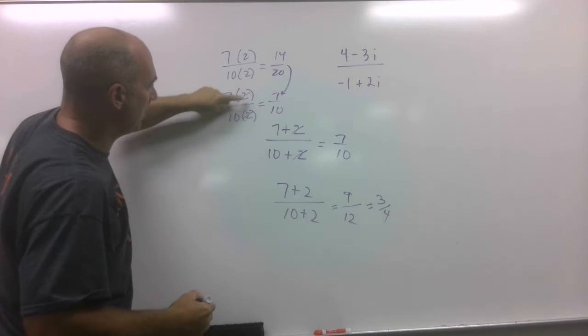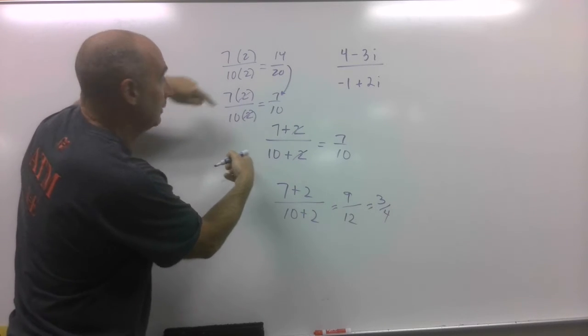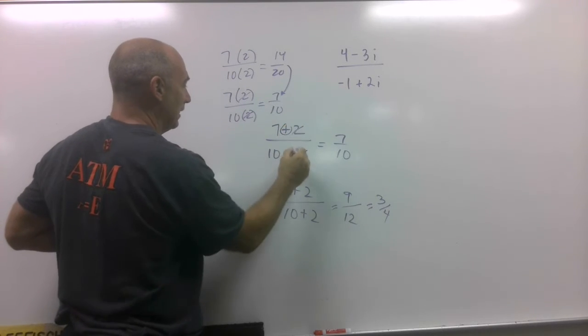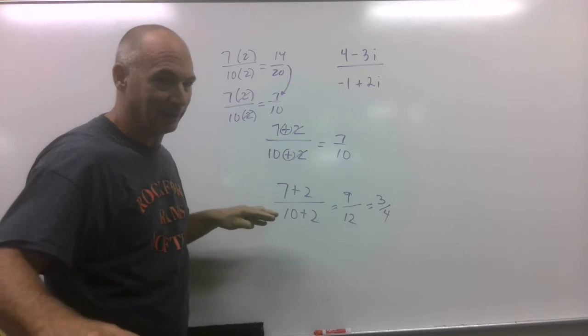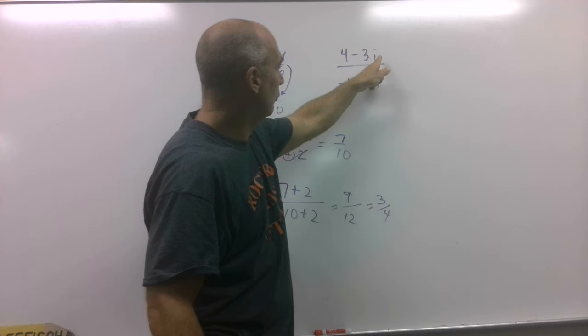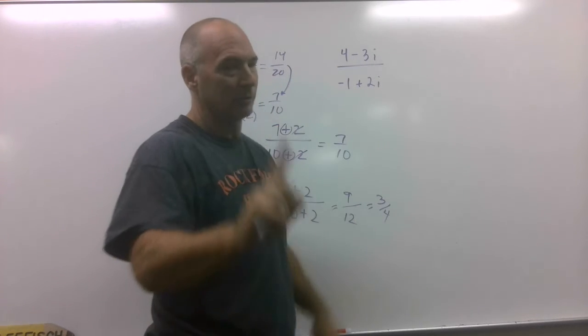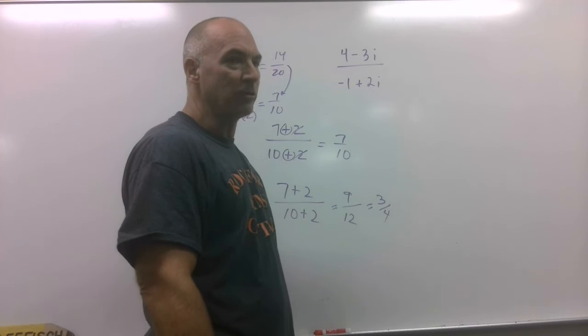So if they're connected by multiplication, the bottom and top, you can start canceling. But if they're connected by addition, you cannot. So why am I going overboard on that explanation? A lot of students will just cancel those i's. But notice, plus, minus, can't cancel them. So be careful.